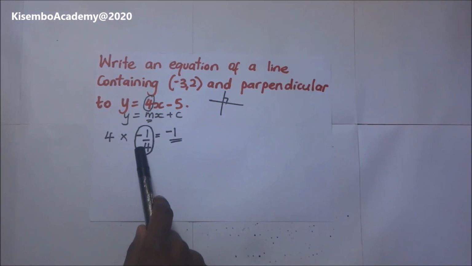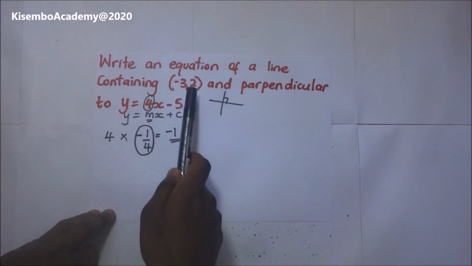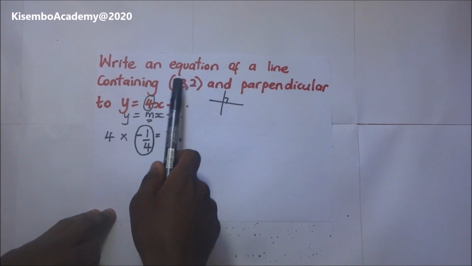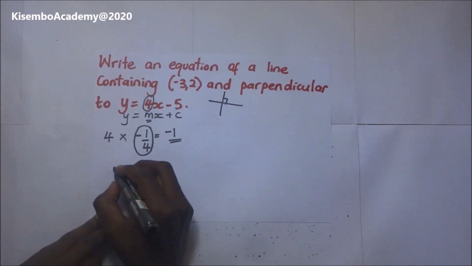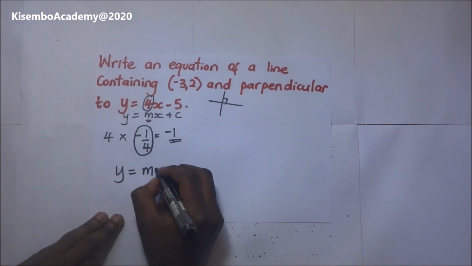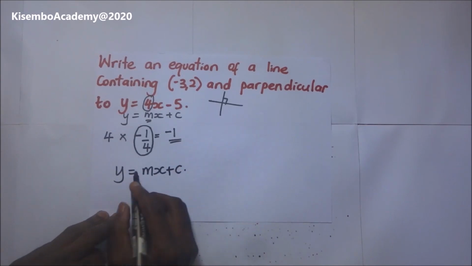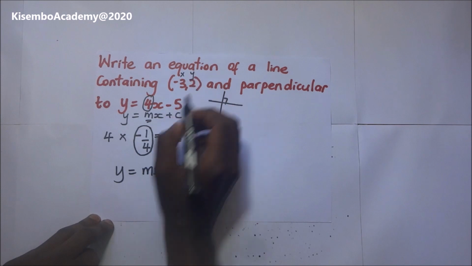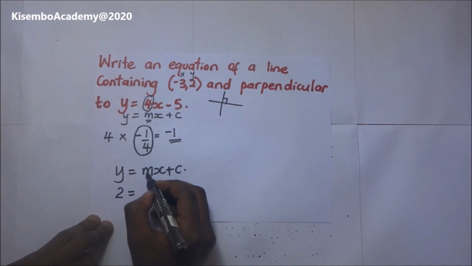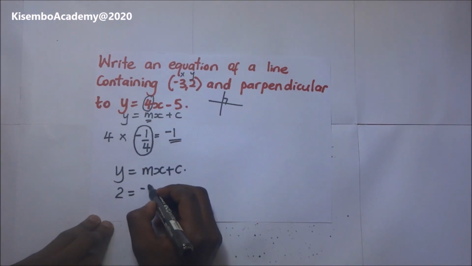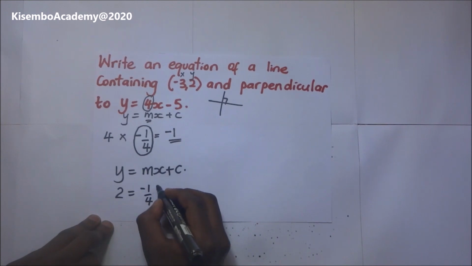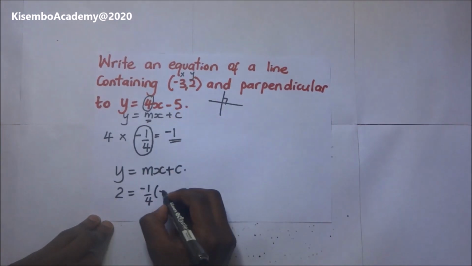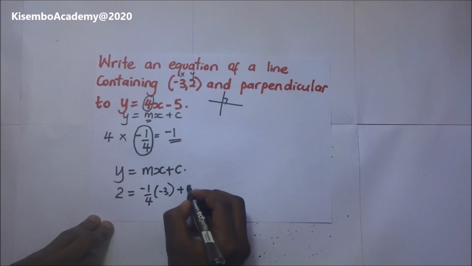Now that we have the gradient of that line, we can go ahead and find the y-intercept, the value of c. We know that y is going to be equal to mx plus c. So what's the value of y? This is x, y, our value of y is 2, so 2 is going to be equal to m, which is the gradient, negative a quarter, times our value of x, which is negative 3, plus c.